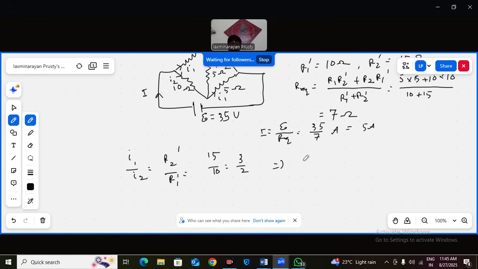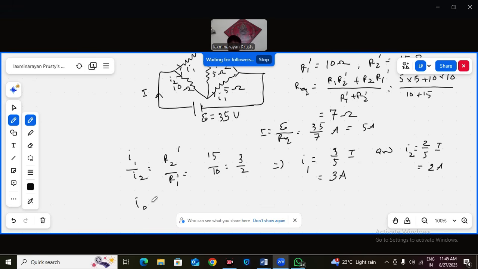So I1 will be 3 by 5 of capital I, that is 3 amperes, and I2 is equal to 2 by 5 of capital I, that is 2 ampere.